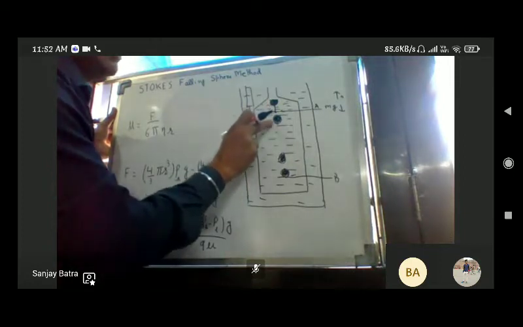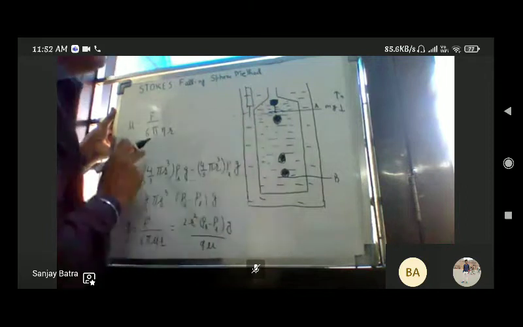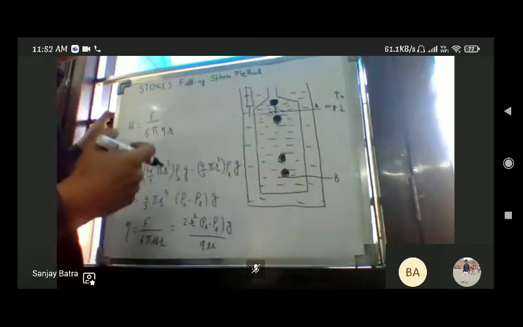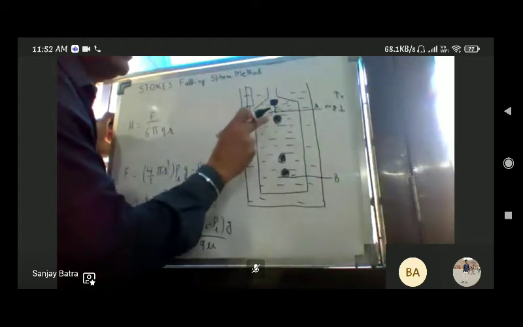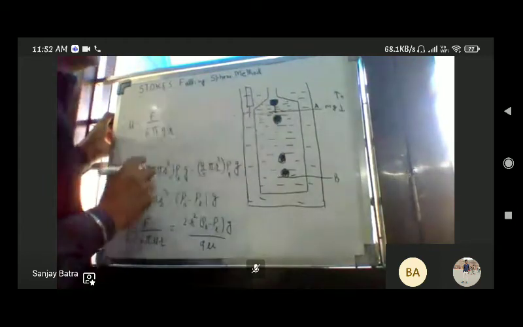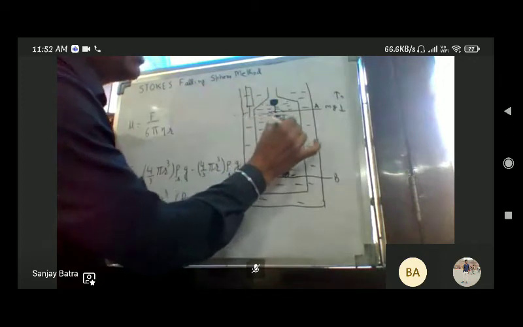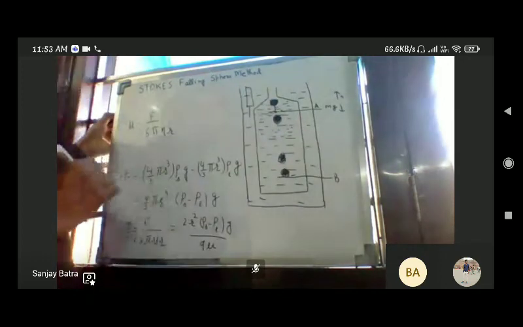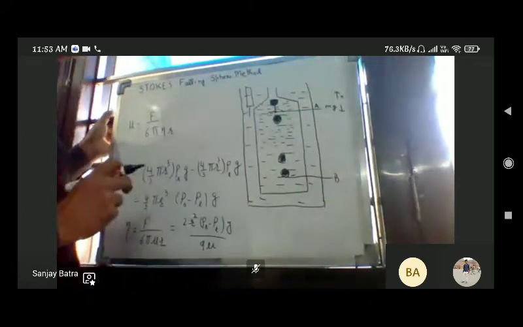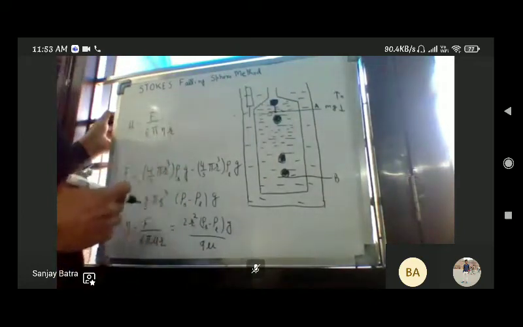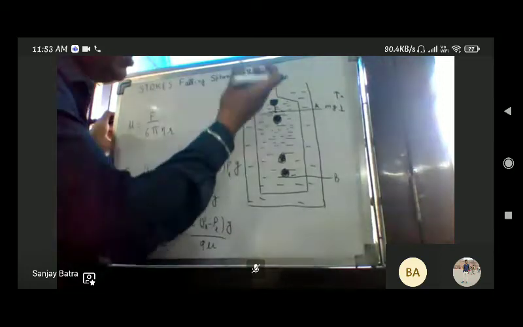There is another force which will drag it behind. That is the upward force that will depend upon the viscosity of the liquid, or you can say the intermolecular interactions of the molecules. Since the downward force is more, the ball will come down.